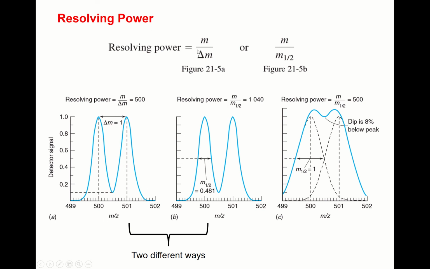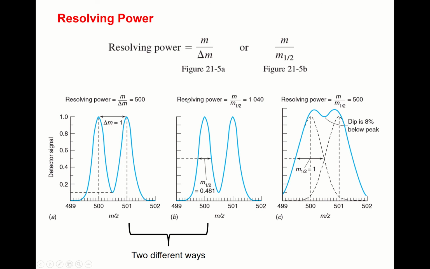If you use this definition, there are two peaks here, and the mass difference is only one: one is at 500 and one is at 501. M is 500, so the resolving power is 500.